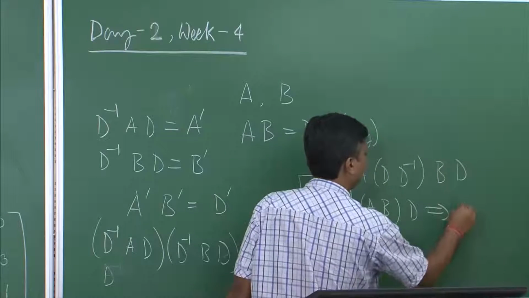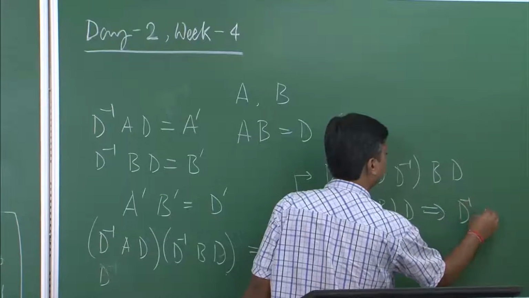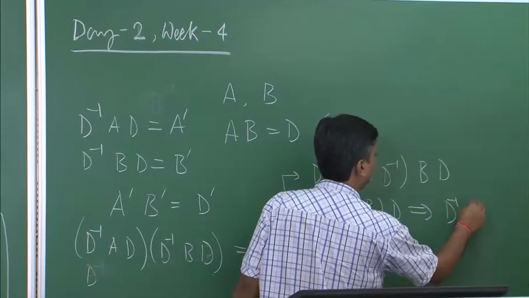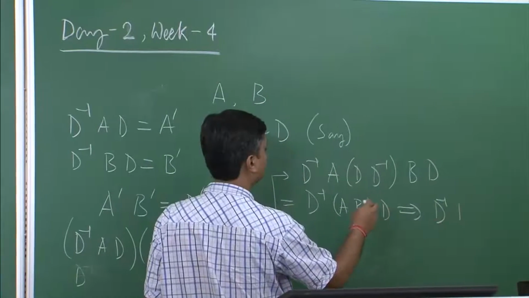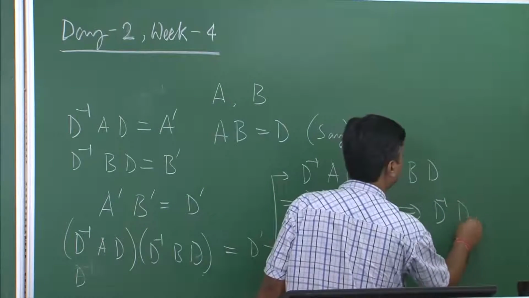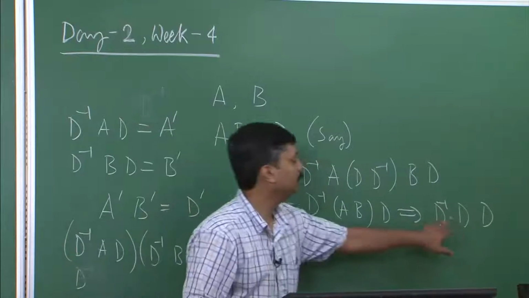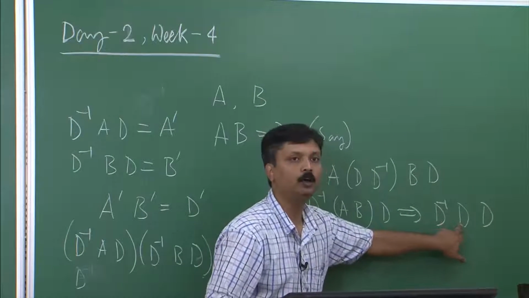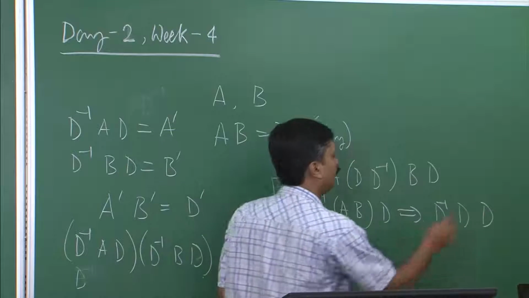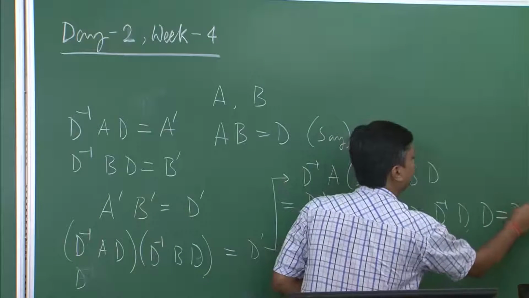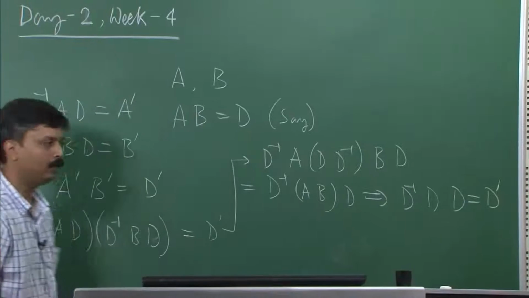Which means I have D inverse A B D, so that means this is the similarity transformation of D. What I get is D prime, correct?